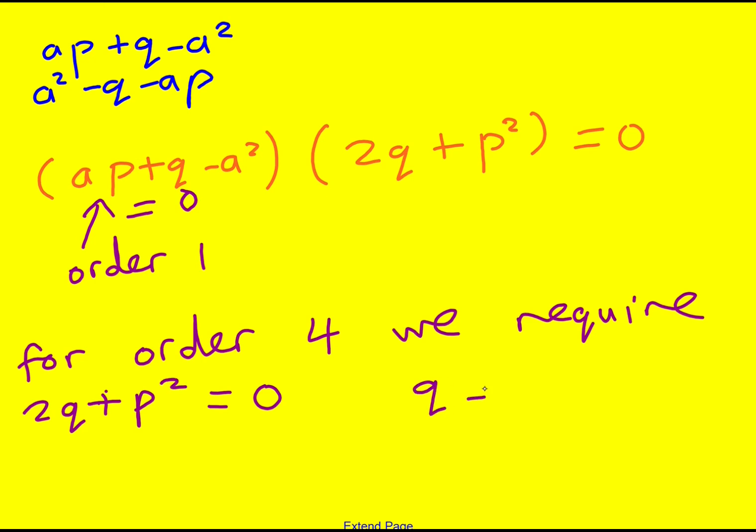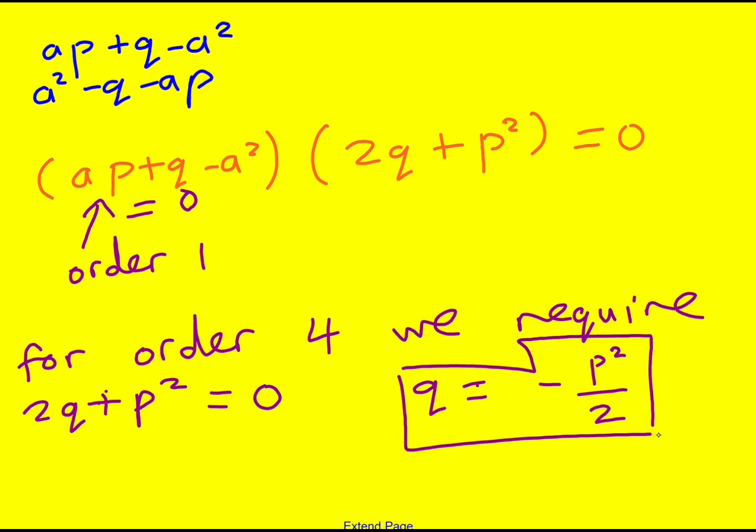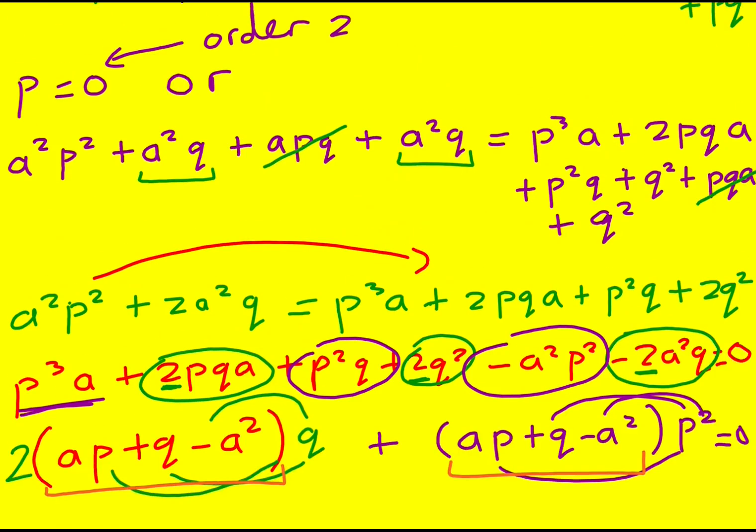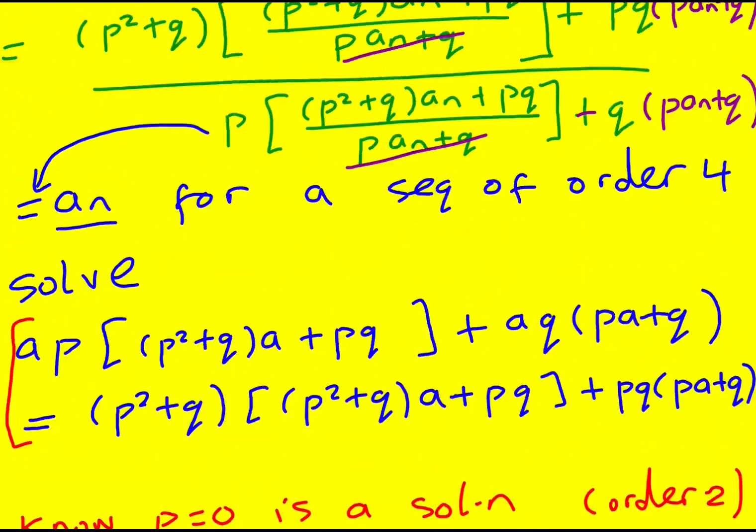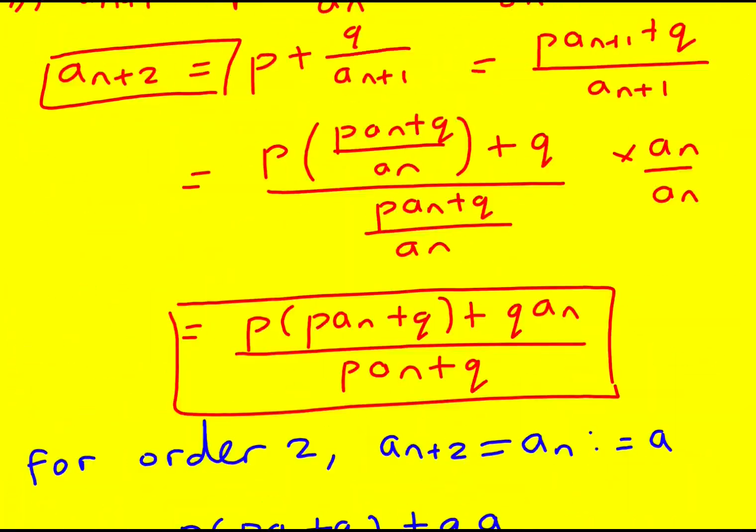And therefore Q is going to equal minus P squared over 2. It becomes that simple. That is the condition. Oh, fair play if you got that. You're nearing the end of the exam. You've got to do all this algebraic manipulation. Yeah, it's tough. Look how many lines we've done there.